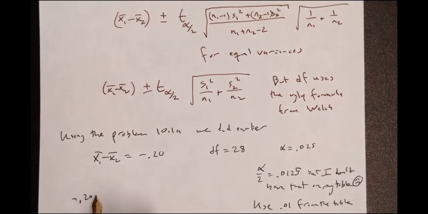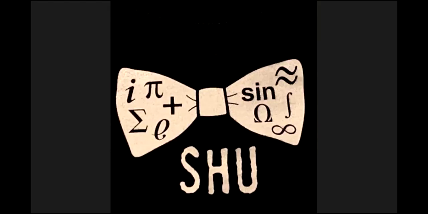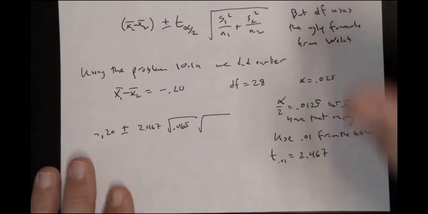Negative 0.20 plus or minus 2.467 times the square root of 0.065 times the square root of how many people were in each group? Back in that problem, 15.